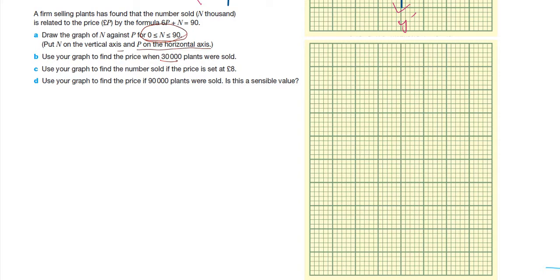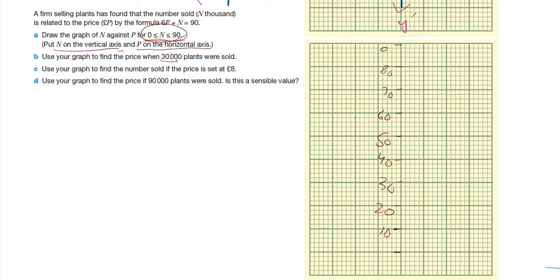So a film selling, okay, now first of all we have to draw the graph by using these points, and p must be on the vertical axis. Okay, if I just draw this graph from this point 0, 10, 20, 30, 40, 50, 60, 70, and 80, and then 90.